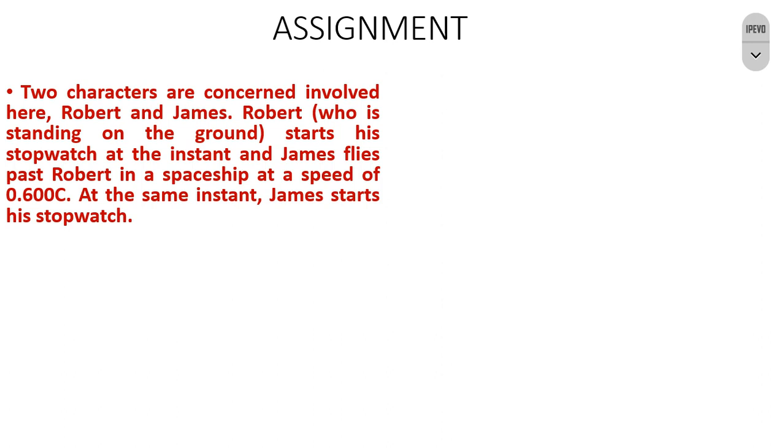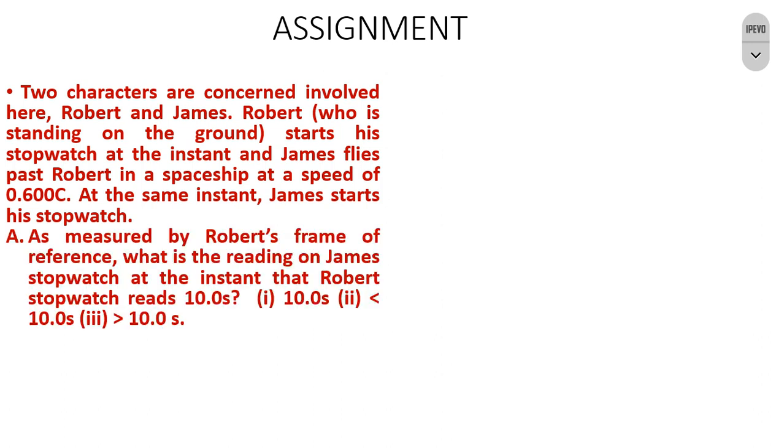At the same instant, James starts his stopwatch. A. As measured by Robert's frame of reference, what is the reading on James' stopwatch at the instant that Robert's stopwatch reads 10.0 seconds?